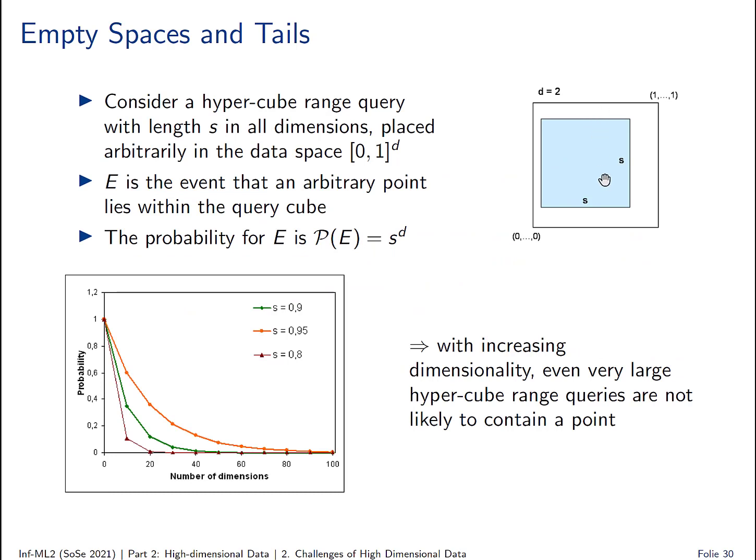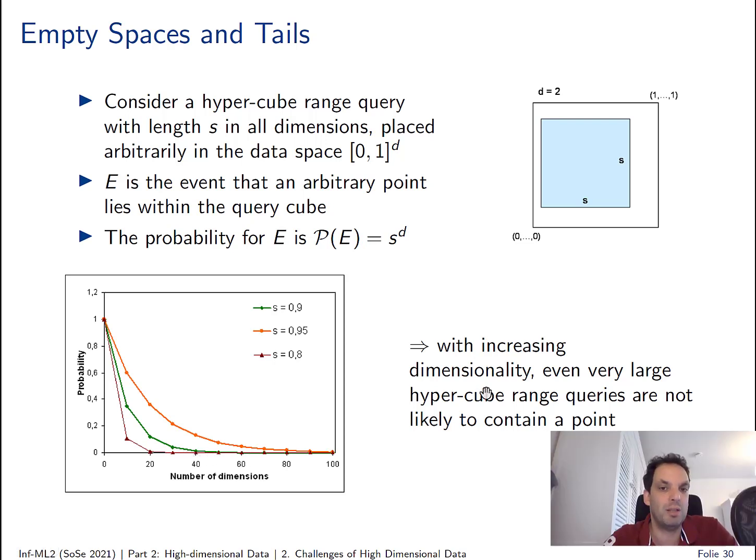What is the volume in between here and the volume up here? In smaller dimensions, the volume in the middle, of this blue shaded area, is probably much larger, especially if you take something like 0.9, than the one that is outside. But if you increase the dimensionality, the volume outside grows much faster than the volume of the one inside. And that is why the probability for the event decreases dramatically.